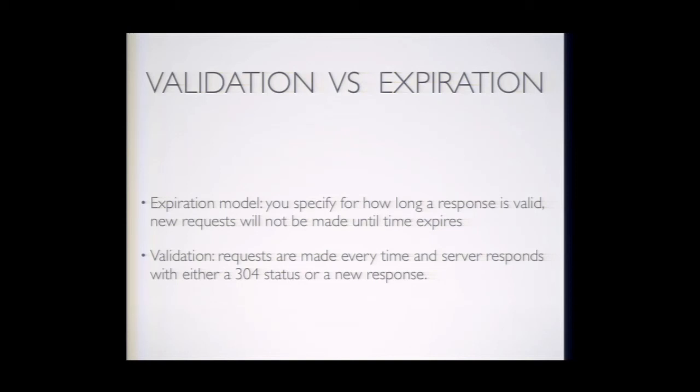I push new features every Saturday, so it makes sense that clients cache my JS for 7 days. And there is the validation approach, where all requests hit PHP or the web server, and the web server responds whether the response has been modified or not since the last time.